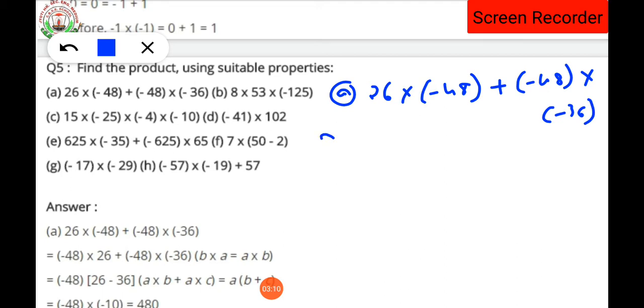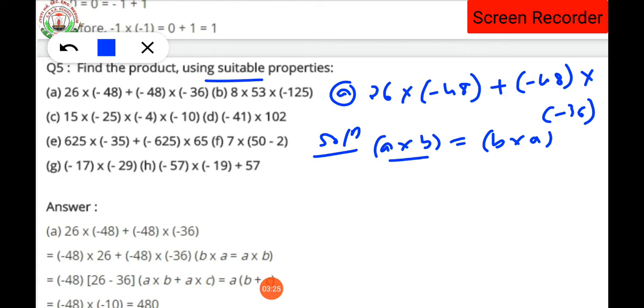So using the commutative property, since it is said to use a suitable property, that is A into B is equal to B into A. You have to think of the property and match the property in your mind only. Then you will be able to understand which property is going to be used over here. Okay, so here we are going to use the commutative property.